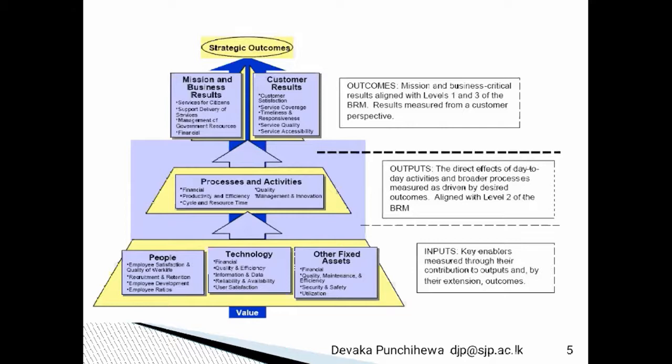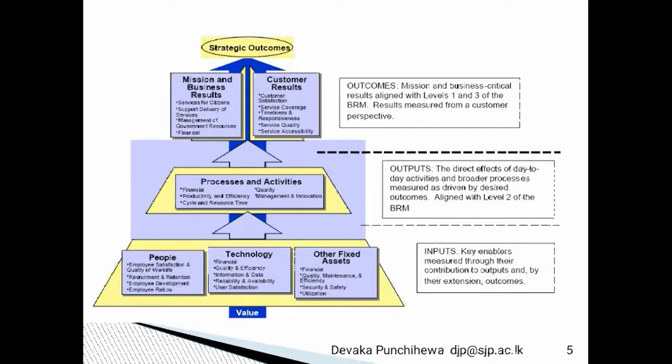Lastly, the inputs, right? People, technology, and other fixed assets. Under people, you have what? Employee satisfaction and quality of work life, recruitment, retention, employee development, employee ratios come under people. Then the technology: financial, quality and efficiency, right?